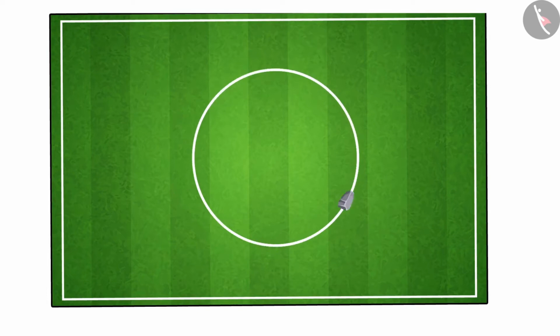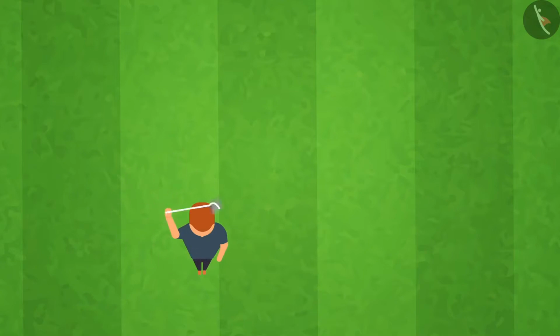On careful observation, we can see that the stone moves along a straight line tangential to the circular path. This tangential motion of the stone occurs because the stone continues to move in the direction in which it was moving at the instant when it was released.